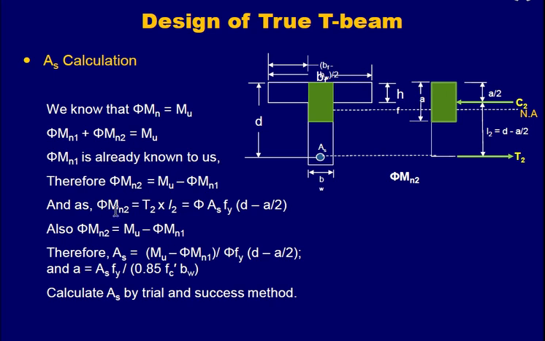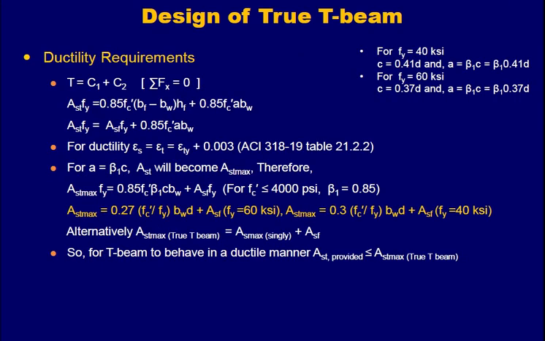Now this phi Mn2 is equal to phi AsFy (d minus a/2). You simply find out As and small a and calculate the area of steel by the trial and success method. We will solve an example and it will give you a much clearer idea about the design of a true T-beam.